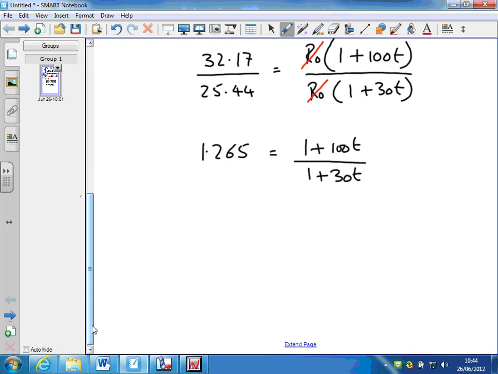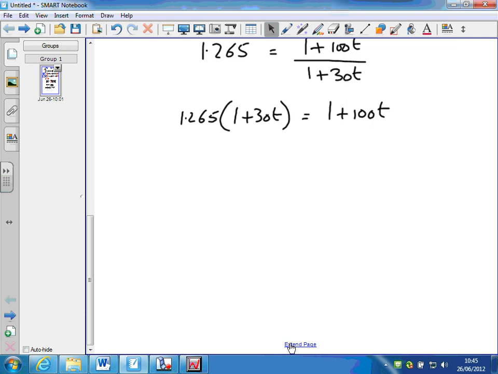We get 1.265 times 1 plus 30T equals 1 plus 100T. Now multiply out the bracket on the left hand side and then collect together like terms, get the T's together on one side and numbers on the other, and you can find a value for T. See if you can finish it from there. I'll carry on with the solution below.